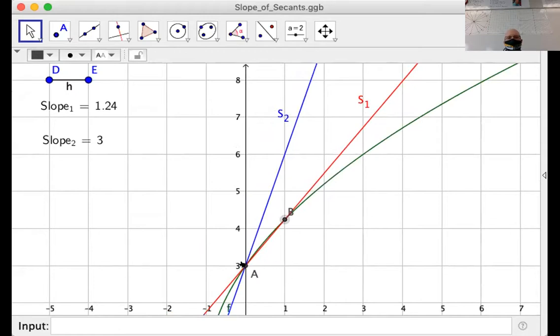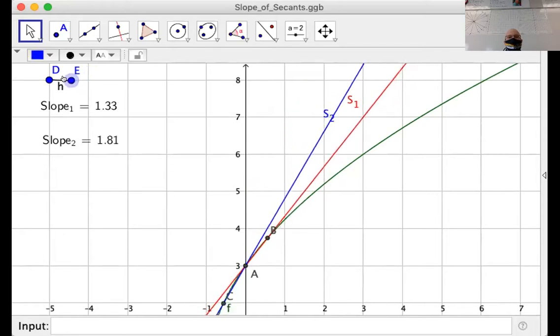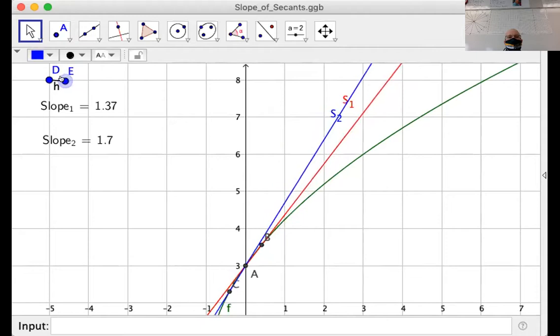So this distance right here is the X distance, correct? Everybody have that? This is H. And so H is 1. And if you notice, if I make this smaller, that point B is getting closer to A. And these slopes are changing, aren't they?